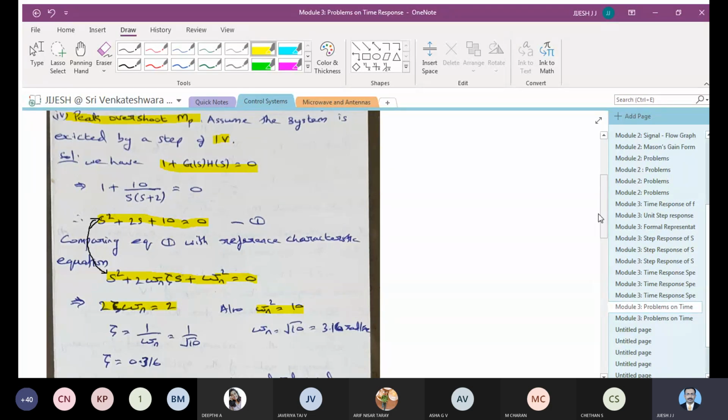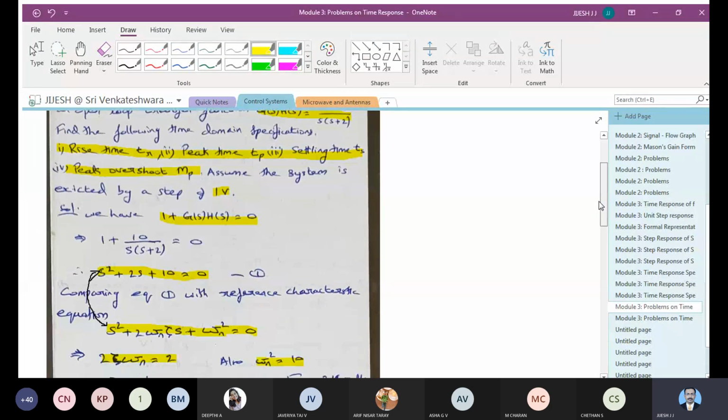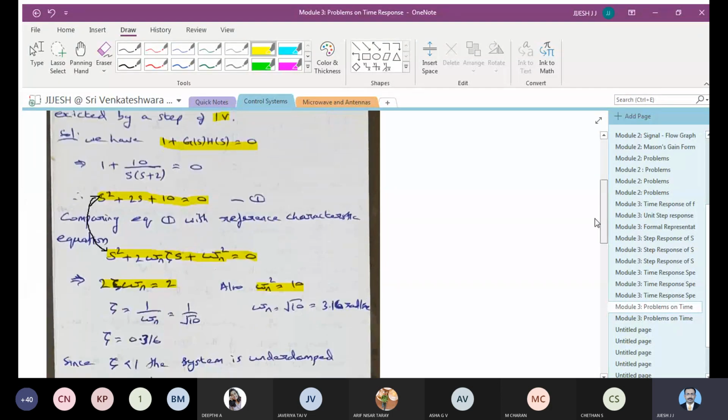So now what you have to find out in the problem is rise time, peak time, settling time, and overshoot. Now we are going to see one by one. What you can see here is that zeta is 0.316, and zeta less than 1 indicates that it is an underdamped system.